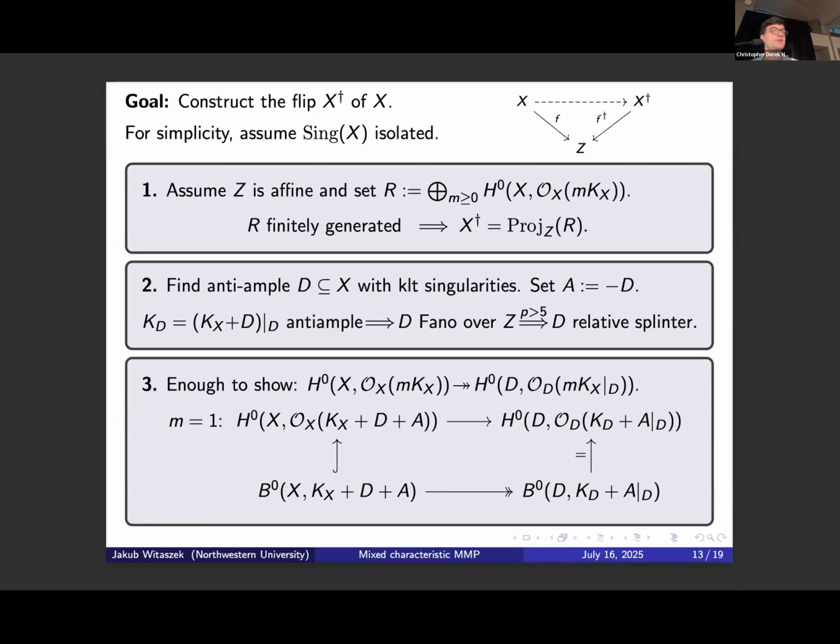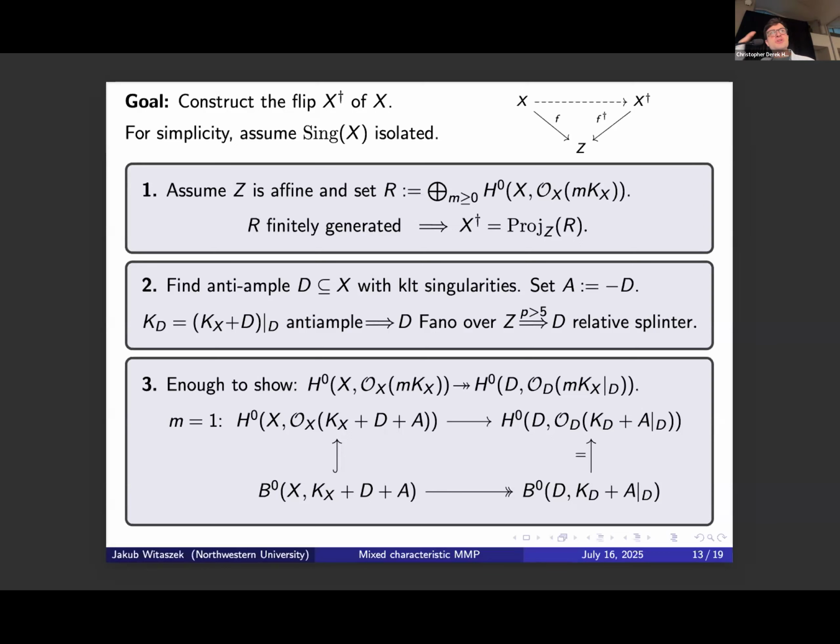We need one more component. But remember, we knew that D is a relative splinter. And this tells us that the rightmost vertical arrow is an equality. Again, Karl told us that H0 of D and B0 of D are always the same for splinters. So the bottom arrow is always true.